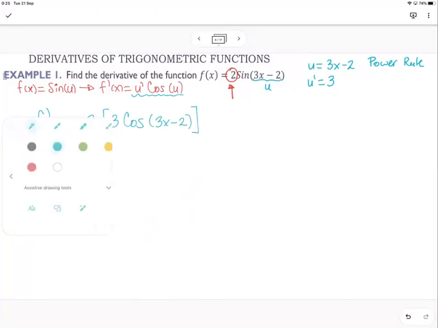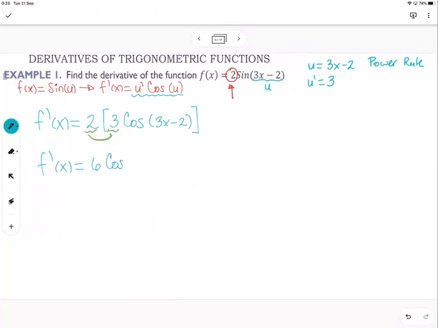As always, you multiply the monomials, okay? 2 times 3, which is 6. And there is nothing else you can do.